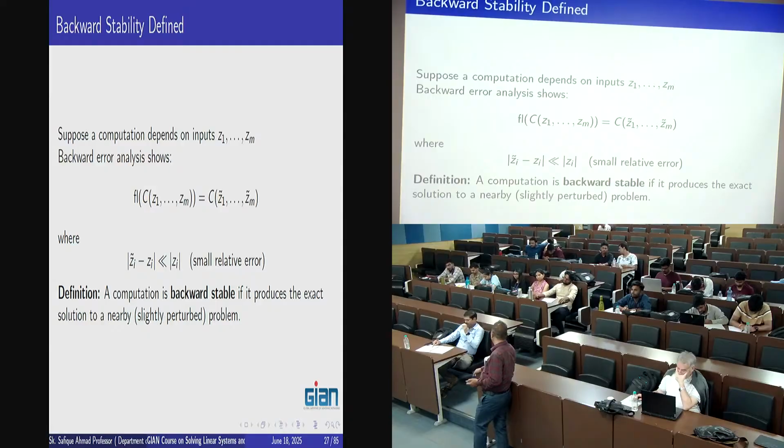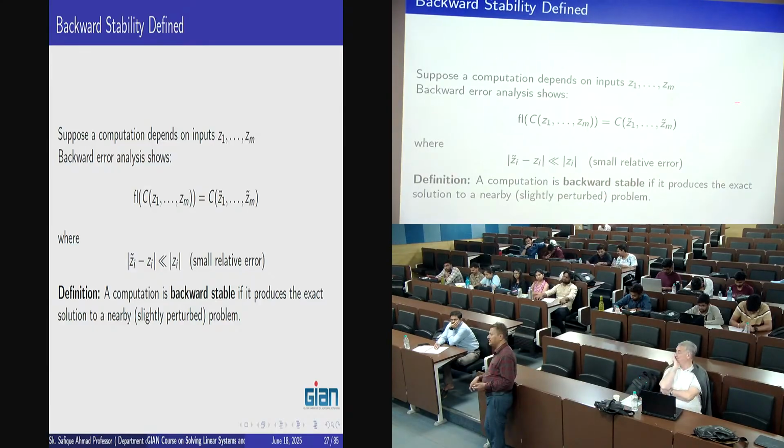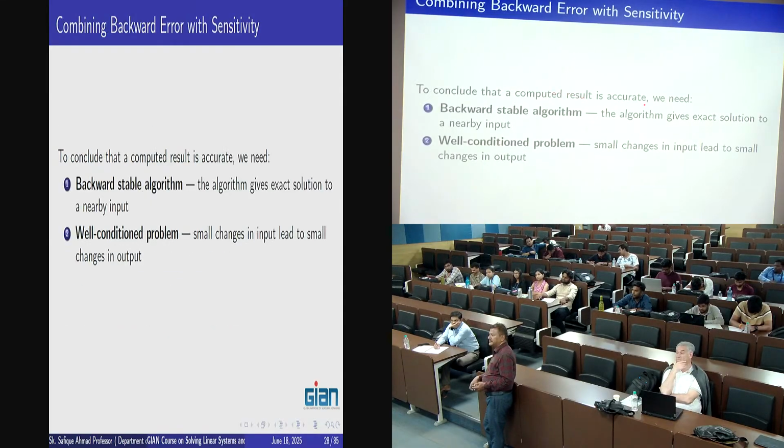As I told you, if it produces the exact solution to a nearby problem, you got x tilde, and you change the input matrix by a small delta A.